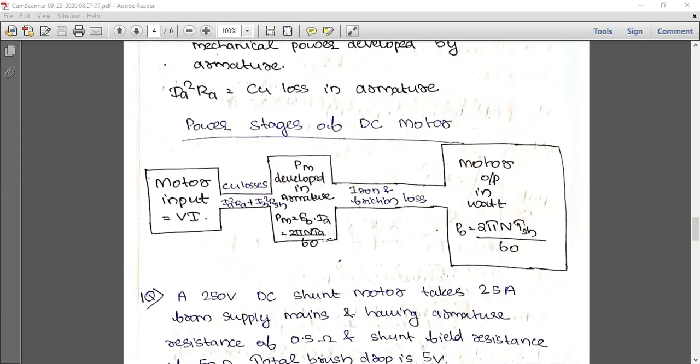Then the motor output: the armature will be connected to the shaft, and the machinery which we are using will be connected to the shaft. So the power developed in the armature will be more, and that power developed in the armature should overcome some iron and friction losses, and finally we get the shaft torque.